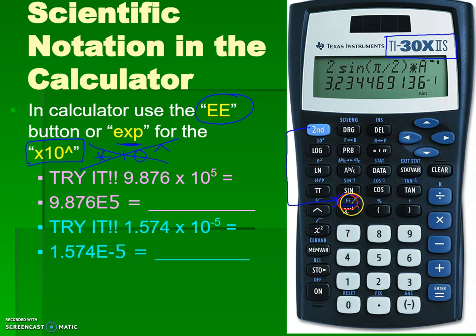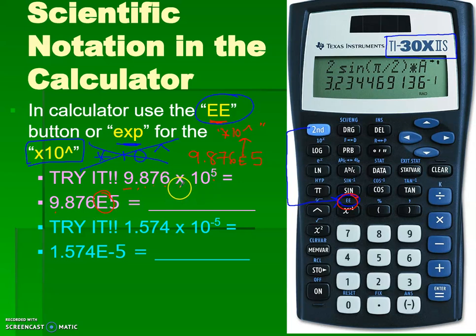Even though this button here says EE, when you go to type it in the calculator and you type in 9.876 E5, all right, you would type in 0.876, you would type E5 because the E means the words times 10 to the, okay? So you don't have to write the 10. Only one E shows up, which is kind of crazy, all right?